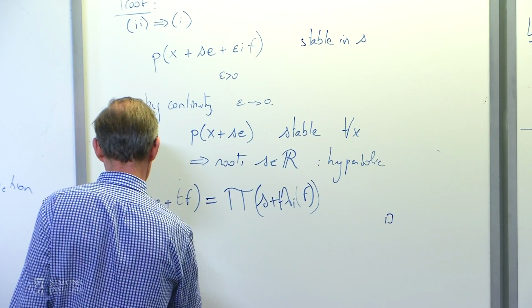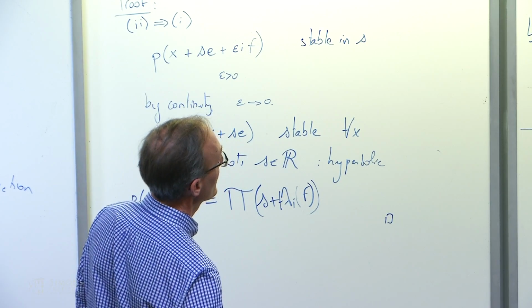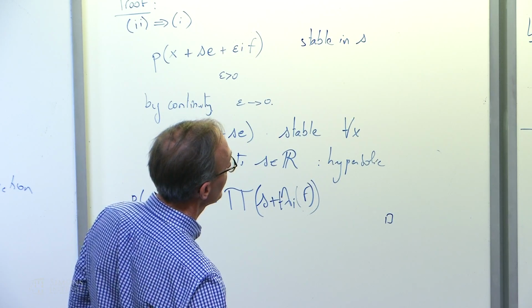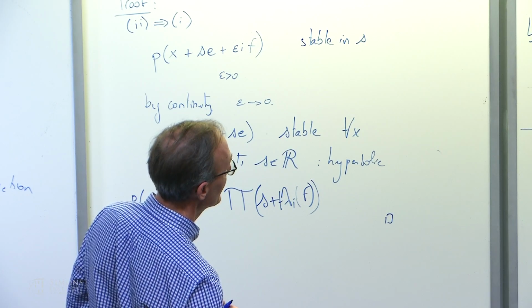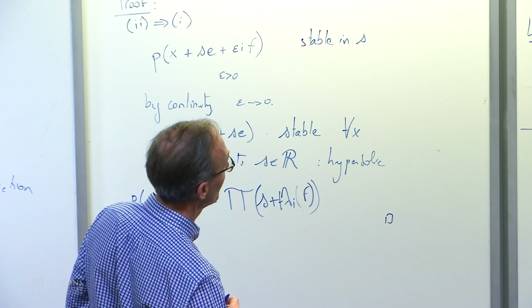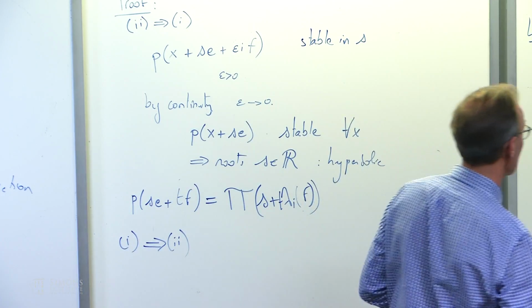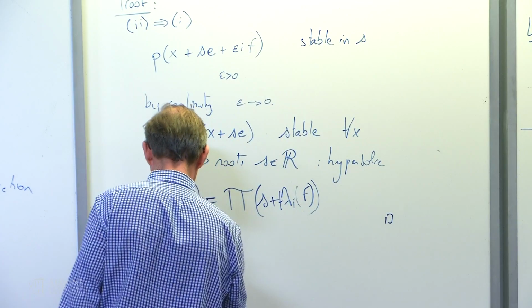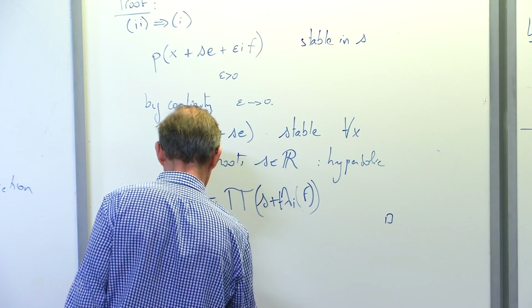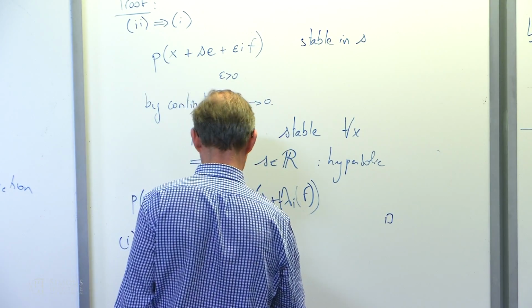For the second one, if P is hyperbolic in direction e, I want to show that this is stable. So I'm first going to fix an s, let's call it s0, in the upper half plane.